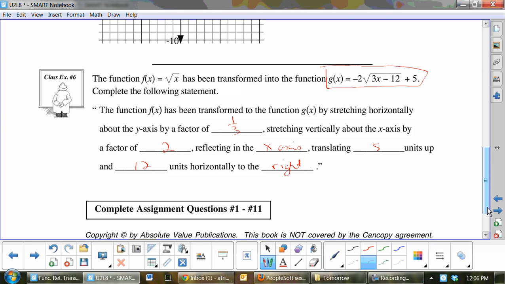Anyone got any changes? I heard some groaning there. It's all good? No? Four units, okay. That's the only discrepancy? What else? I know, is there any other problems with this sentence? We've got people conflicted there. What else? No? No other problems with this?